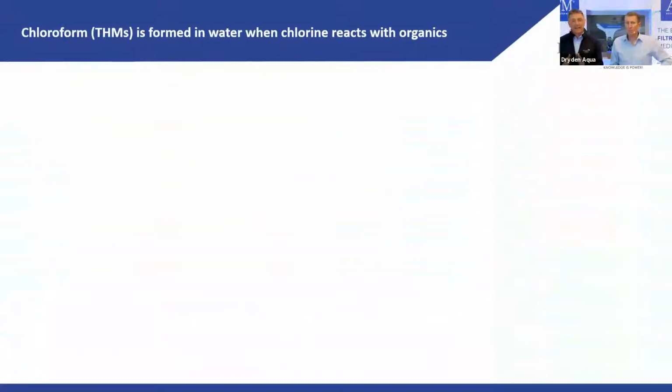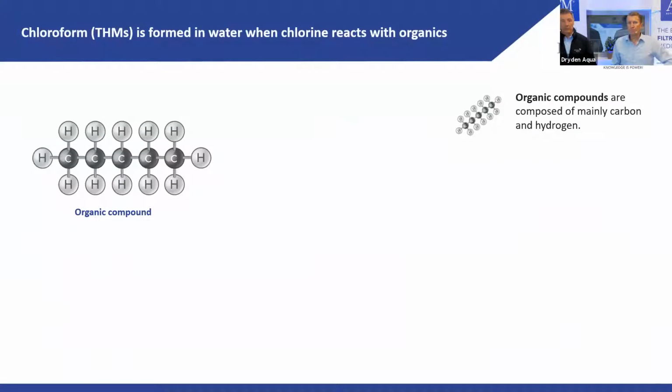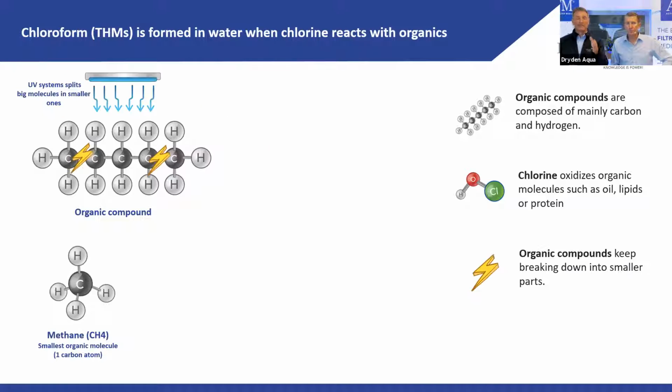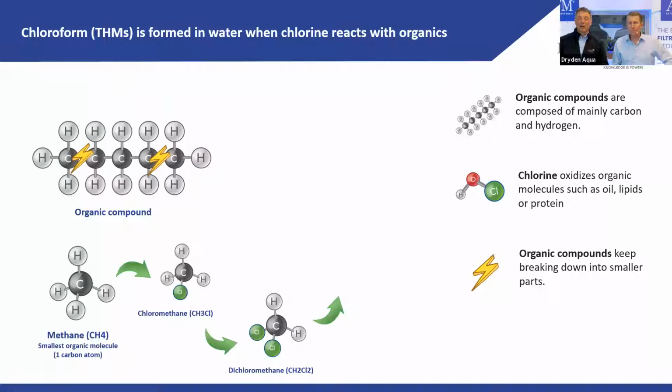It's not that important, but again, what we see here, on the left we have this organic with the hypochlorous acid. We are able to break the main bonds. Then we get to the methane, 1 carbon, 4 hydrogen. These bonds between the carbon and the hydrogen are very strong. And here, if you add chlorine, you're not able anymore really to break these bonds between the carbon and the hydrogen.